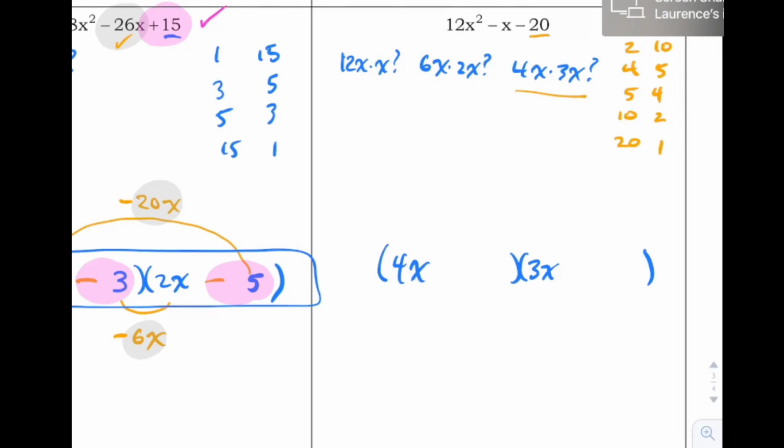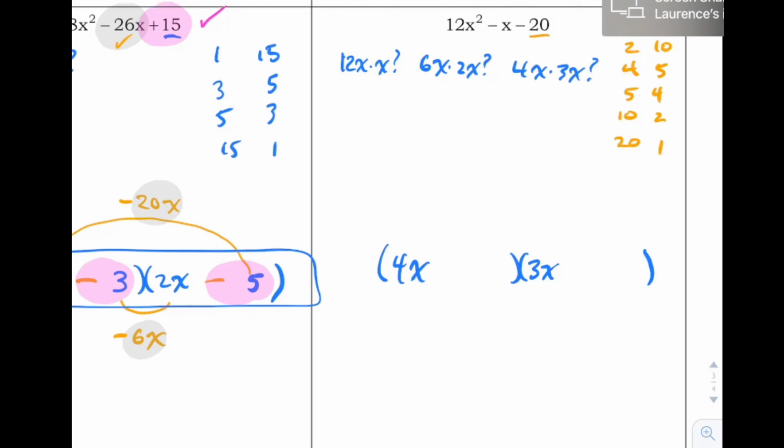So this could take a little while because I've got 6 things to try in 3 different things. That's actually 18 different combinations that we have to check out. So if you're really unlucky, you might end up going through 18 combinations before you either find the answer or discover that there is no answer.